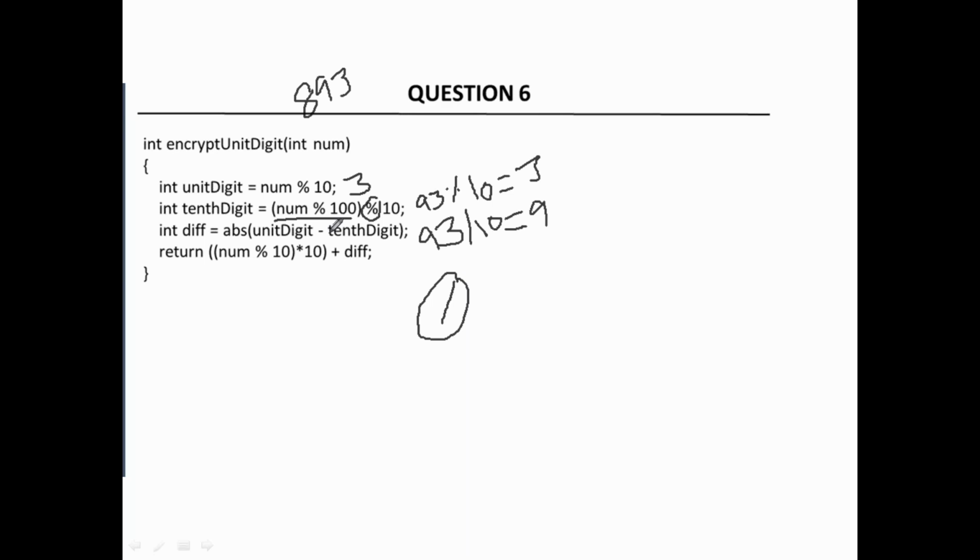Next, the absolute unit digit minus tenth digit, there is no problem in it. And observe the next one. We get the difference, that is 6.